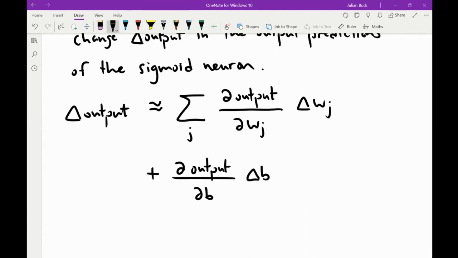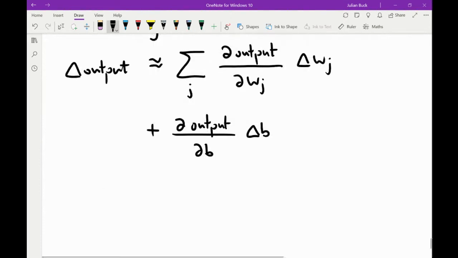Now, if you're not super familiar with the partial derivative notation and so on, don't worry too much about that.